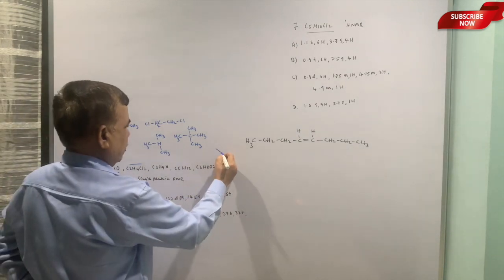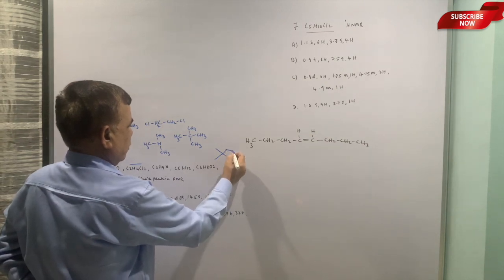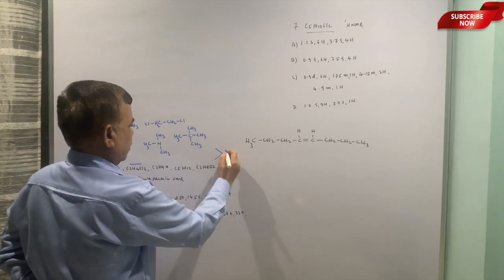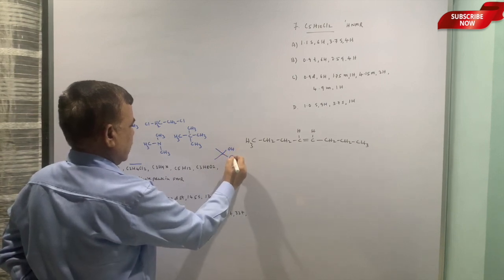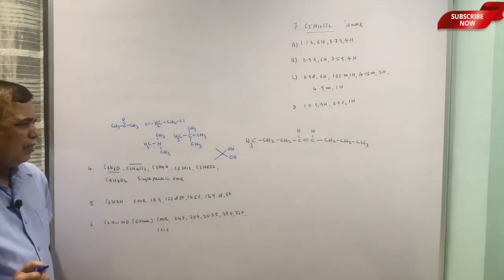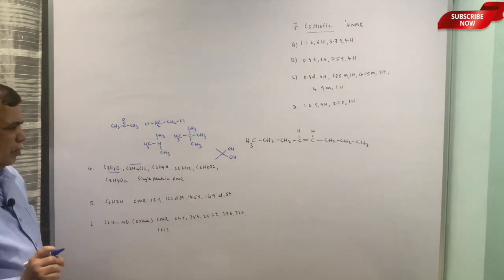C3H8O2, I will put the structure here. The carbons are already utilized, so it is gem dimethyl, or it is the protection, I would say.